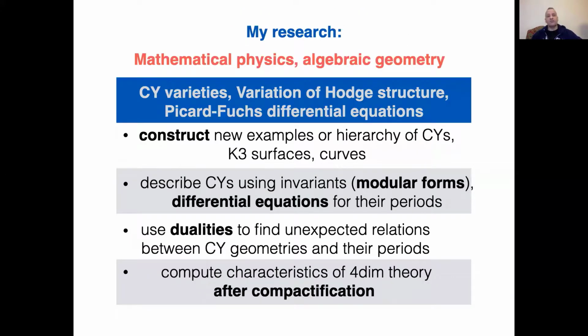Now, my research is exactly situated at the intersection of mathematical physics and algebraic geometry. For example, in recent years, I've constructed new families of K3 surfaces and also Calabi-Yau threefolds, and explained their construction in terms of families of algebraic curves.